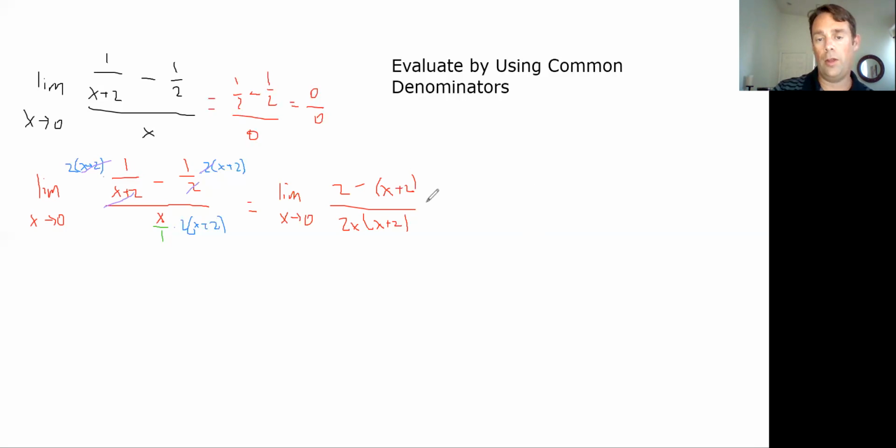So when I keep going here to clean this up a little bit, I see a limit. I end up with 2 minus x minus 2. So I have a negative x on top. And on the bottom, I have 2x times x plus 2.